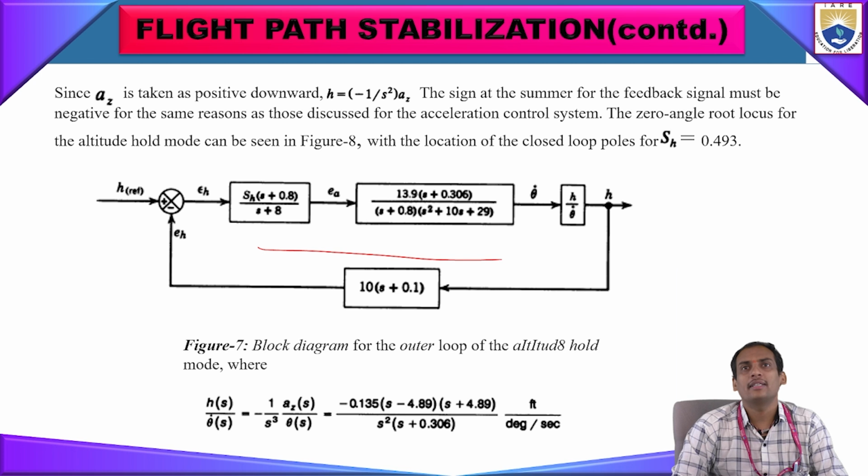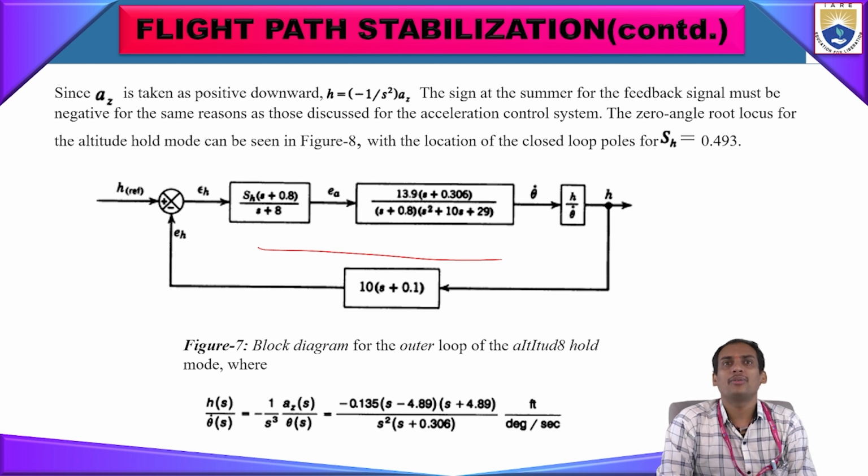So h will be equal to -1 by s squared into az. The sign at the summing amplifier for the feedback cycle must be negative, for the same reasons as these discussions in the acceleration control system.